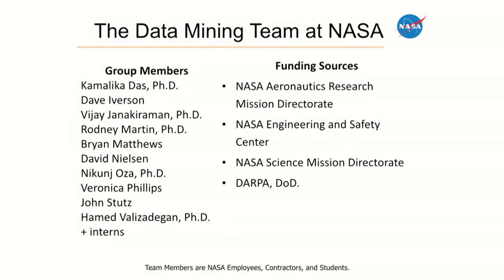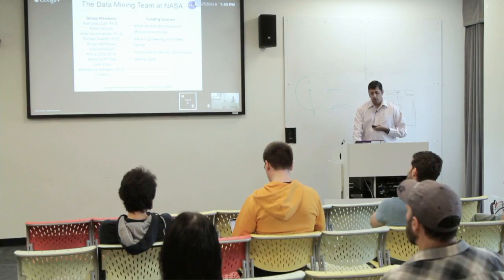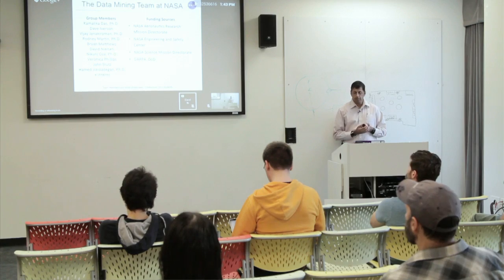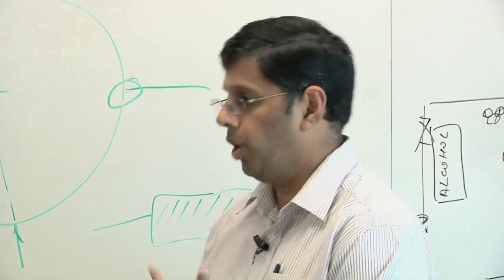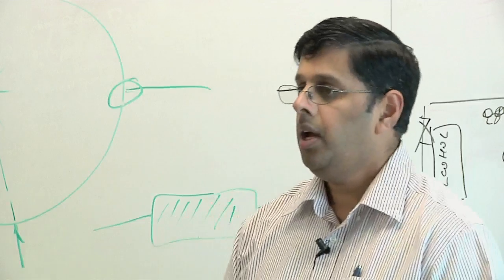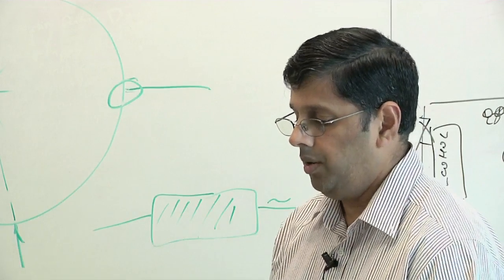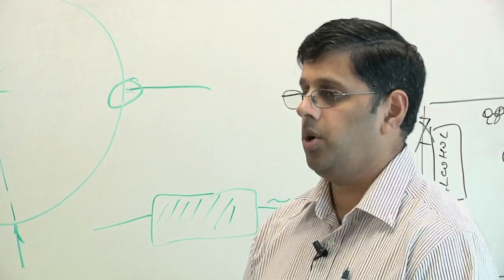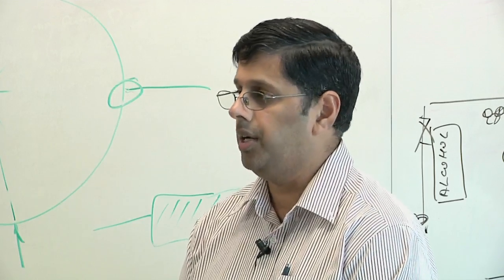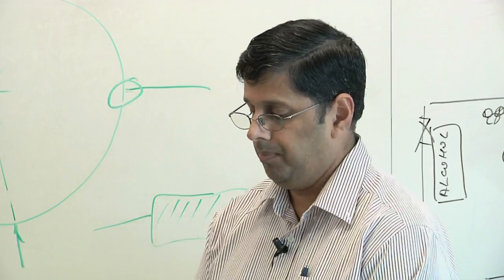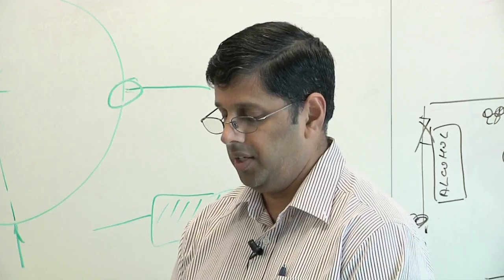So this is our team at NASA. You can see right now we're at 10 people, split about evenly between researchers and programmers and support type. Most of the work that I described here is funded by our Aeronautics Research Mission Directorate, but we do also have certain externally funded projects.